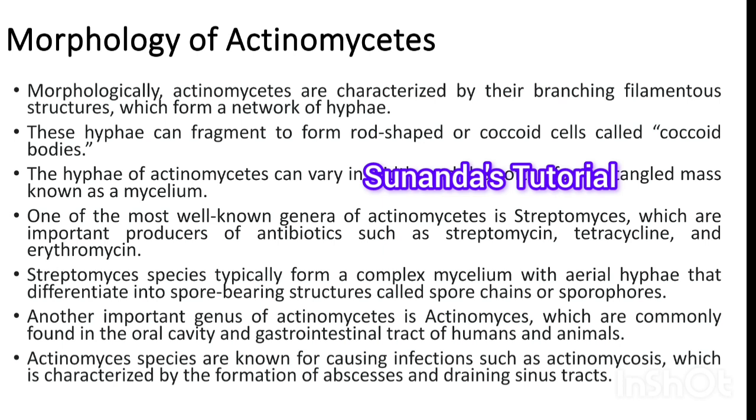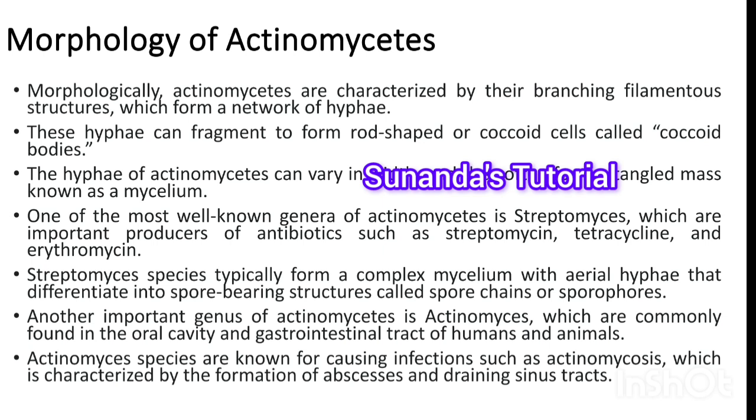Another important genus of Actinomycetes is Actinomyces, which is commonly found in the oral cavity and gastrointestinal tract of humans and animals. Actinomyces species are known for causing infections such as actinomycosis.